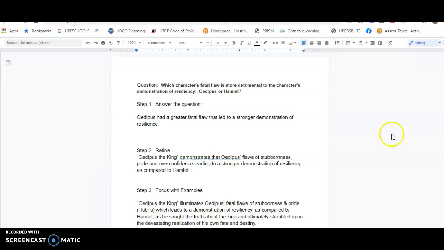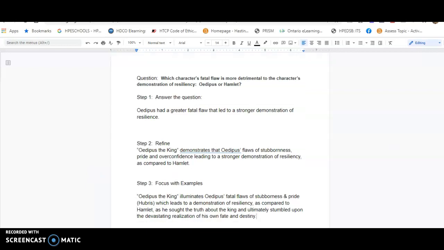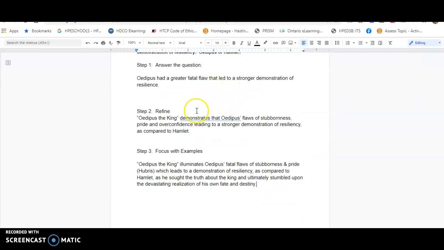So let's go further down, because the next step is that we've answered that question and we've added in more details. Did you notice that, instead of just saying fatal flaw, we identified what the fatal flaws were? We've still only identified that it leads to a stronger demonstration of resiliency. Here's the key thing: you want to make sure your tenses are the same.